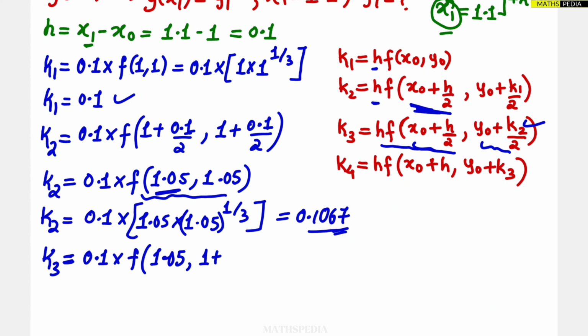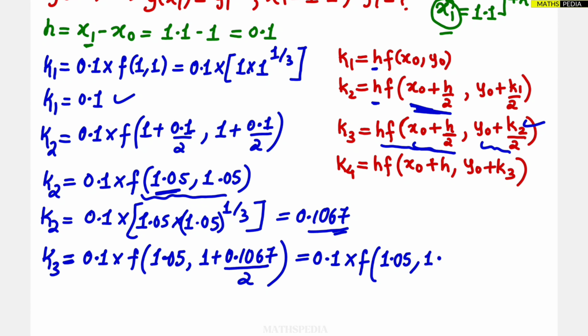K2 is the previous value, 0.1067 divided by 2. So what's the value you're getting? 0.1 into function of 1.05, comma, this particular thing will be 1.05335.